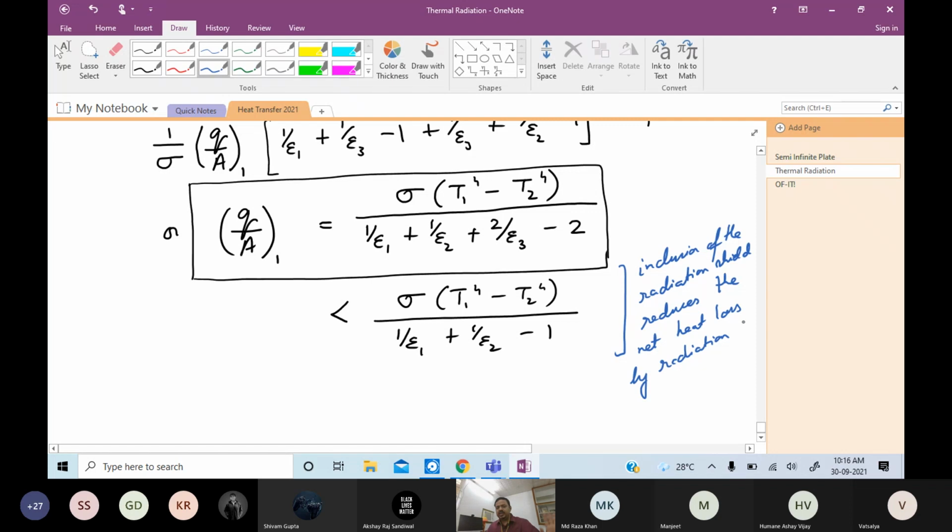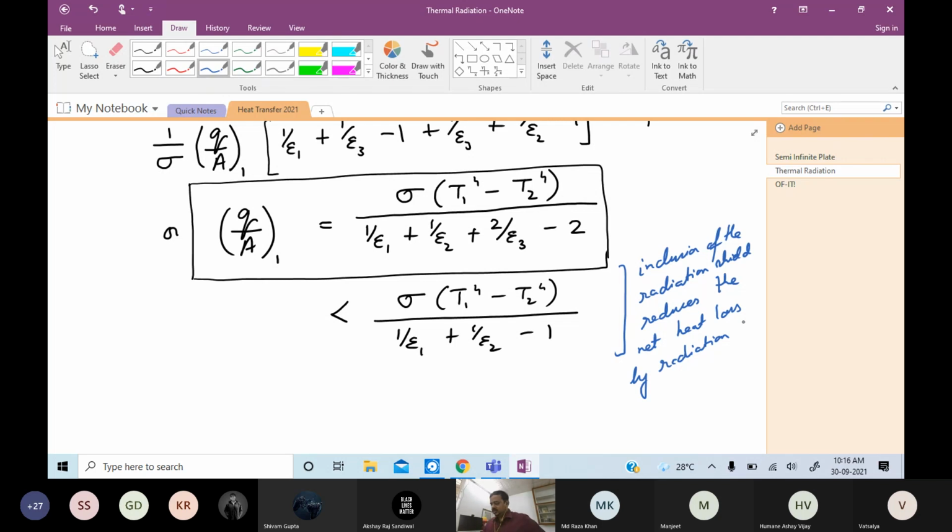This is routinely, regularly used in spacecrafts because you don't want to lose the heat. Outside space is at very, very low temperature.